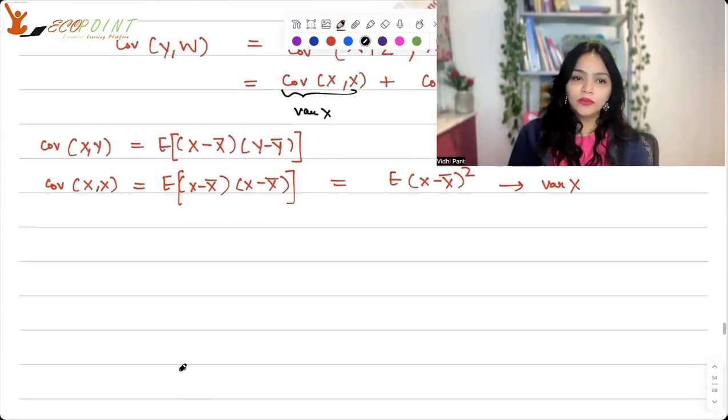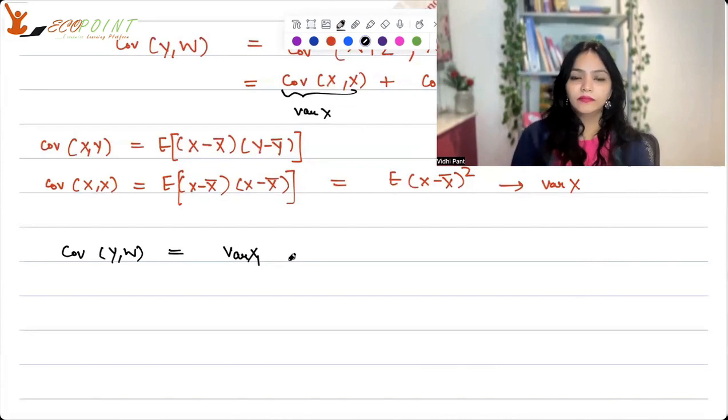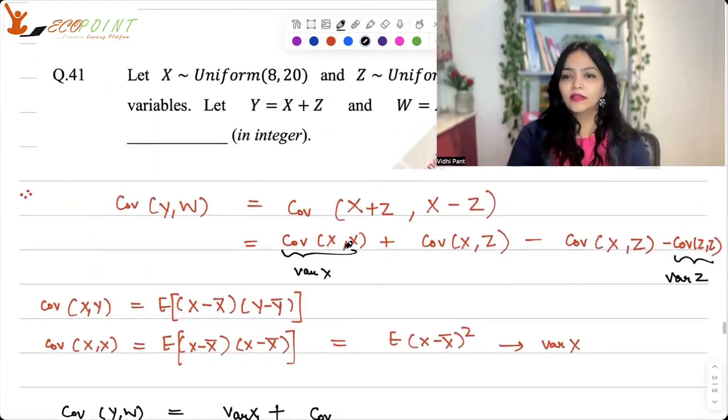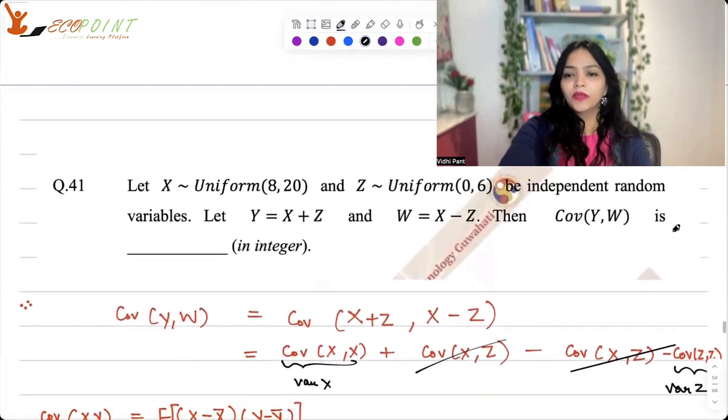Now, coming back to that means covariance YW is equal to variance X plus covariance XZ minus covariance XZ. Any which ways, these were independent random variables.